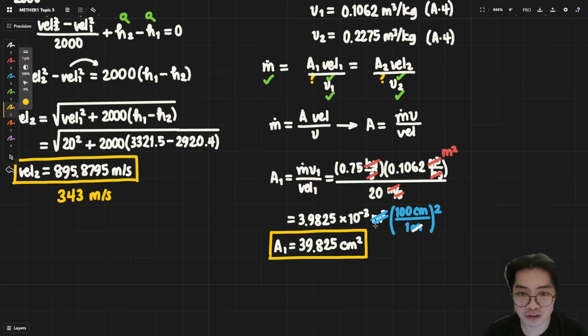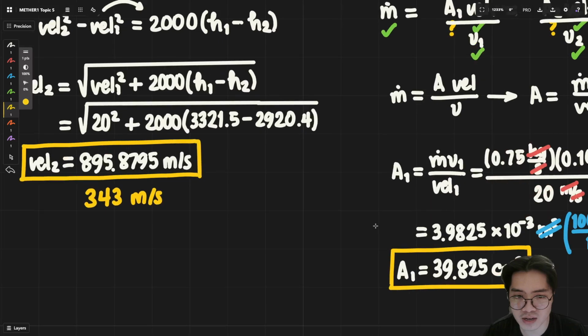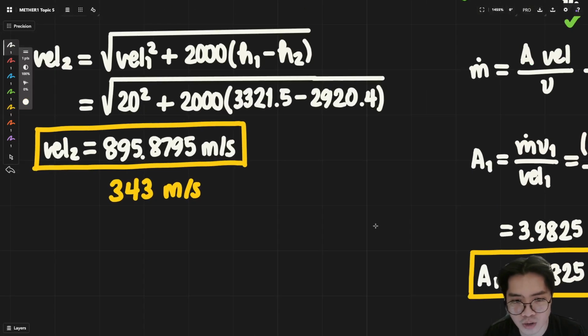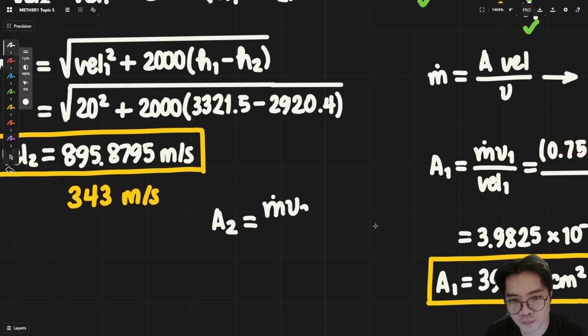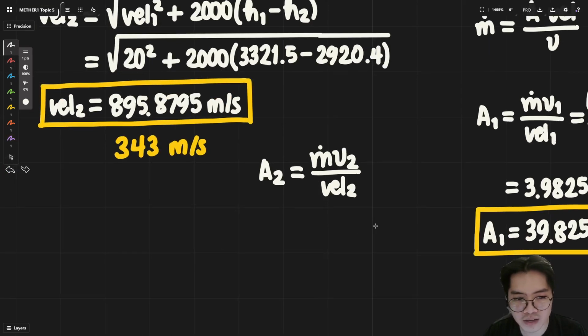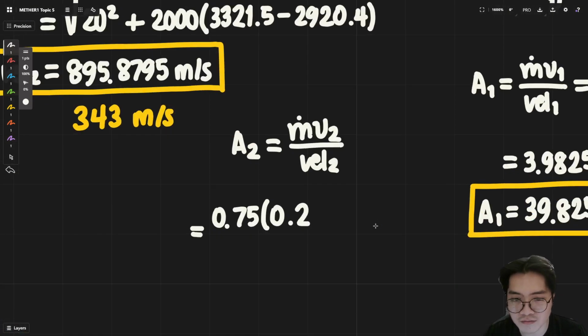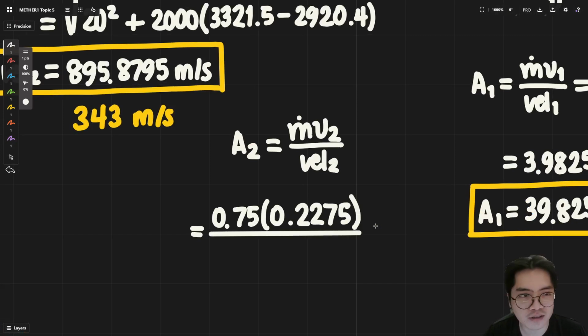And then your A2, I don't even have to look at the units anymore. What I just need to do is A2 is equal to m dot times v2 all over vel2. What we will get in here is basically 0.75 times your v2, which is 0.2275. There you go. And then your vel2, which is the astonishing 895.8795.